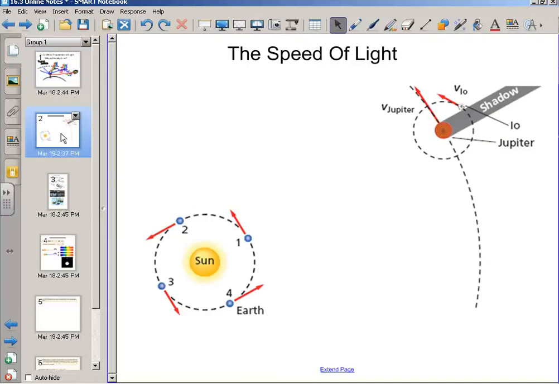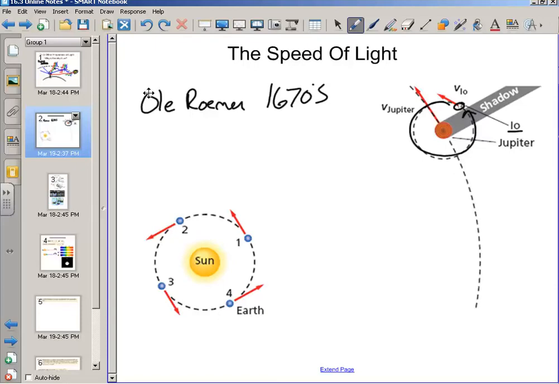The speed of light. There's a Danish astronomer called Ole Roemer in the early 1670s. He was an astronomer looking at Jupiter, and at one of Jupiter's moons called Io. Every day, Io would go around Jupiter, and every day he would watch for when Io would come out from behind Jupiter's shadow.